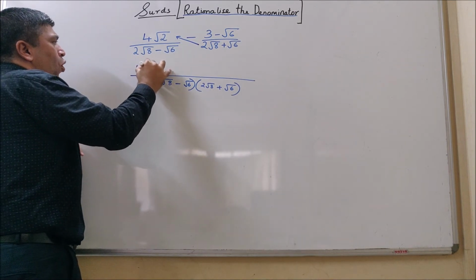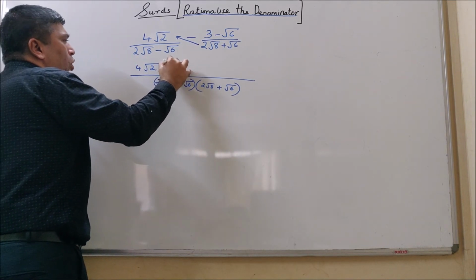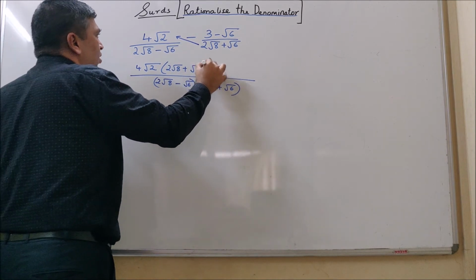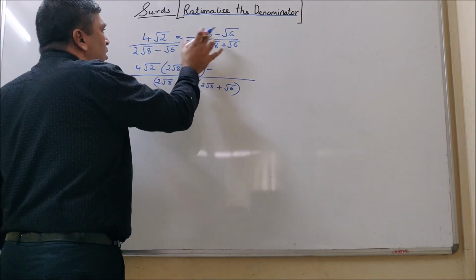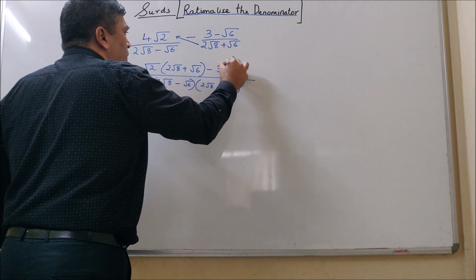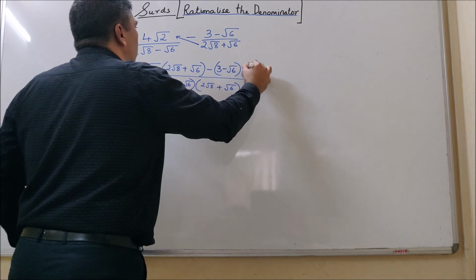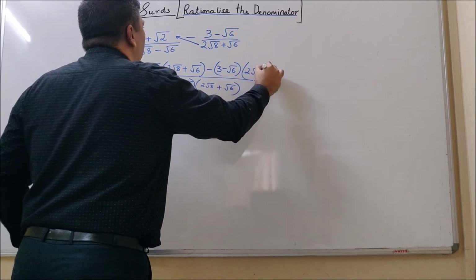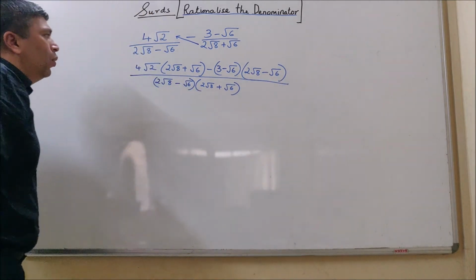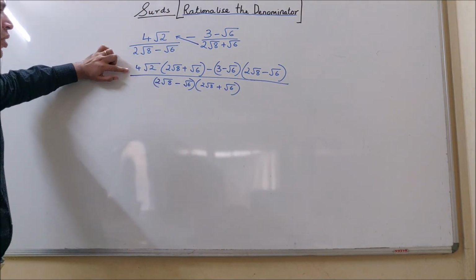So it becomes 4 root 2, open bracket, 2 root 8 plus root 6, minus, this will get multiplied here, so 3 into 2 root 8 minus root 6. Now, we are going to open the brackets.